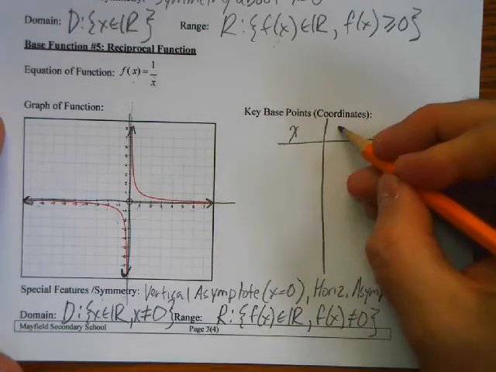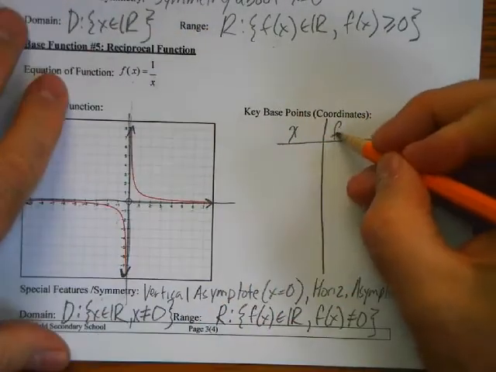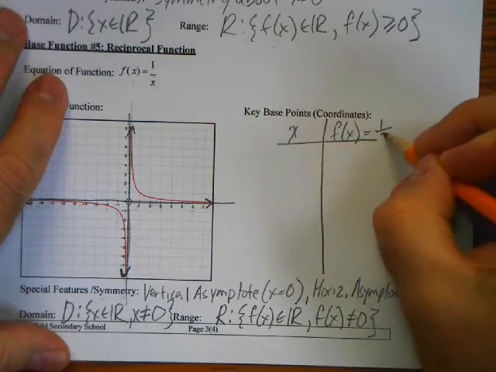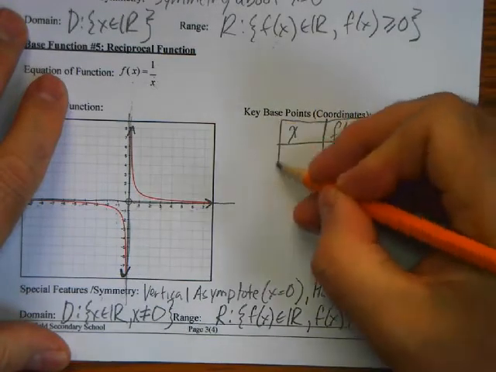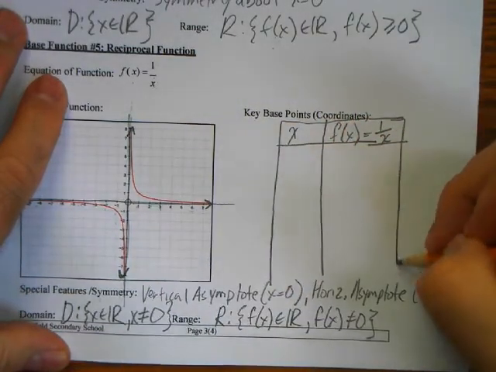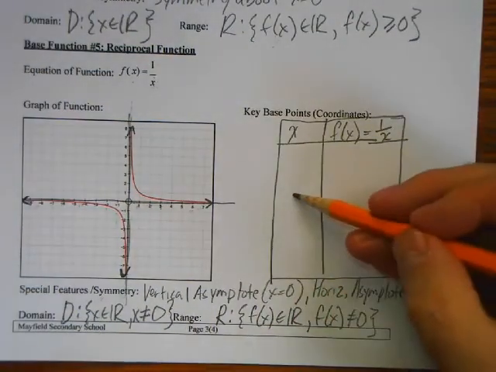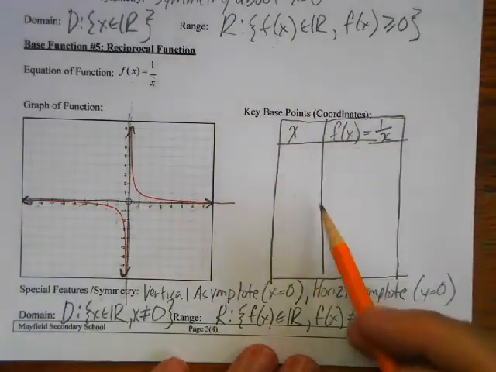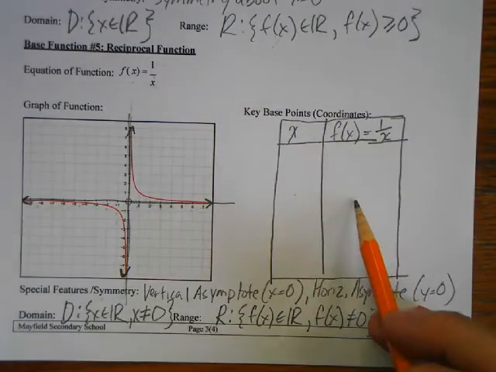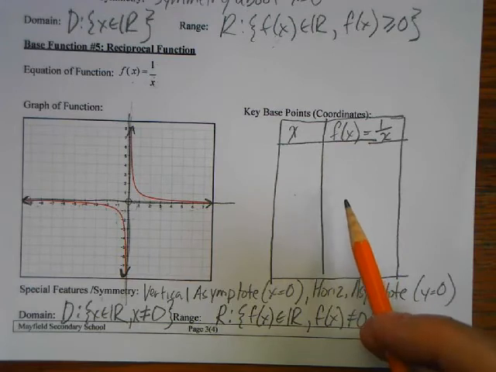So we've got f, and f of x equals 1 over x as our coordinates. Now, what I definitely can't do is put x equals 0 for this, because then I would get an undefined point or a non-existent point.